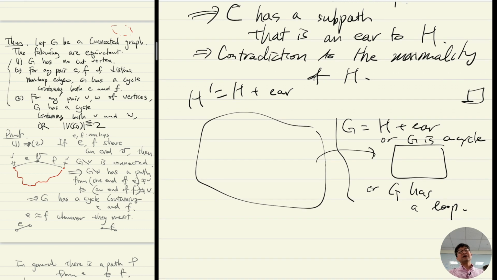So whenever a graph is two connected, you can find another two connected graph to which you add one ear to make your graph G, or the graph is a cycle, or you have a loop. In three cases, you can always apply the induction hypothesis to this smaller graph H and deduce what you want. So it's very useful for induction.